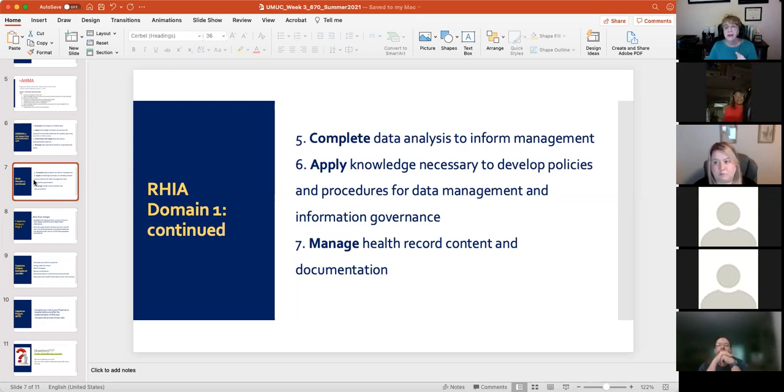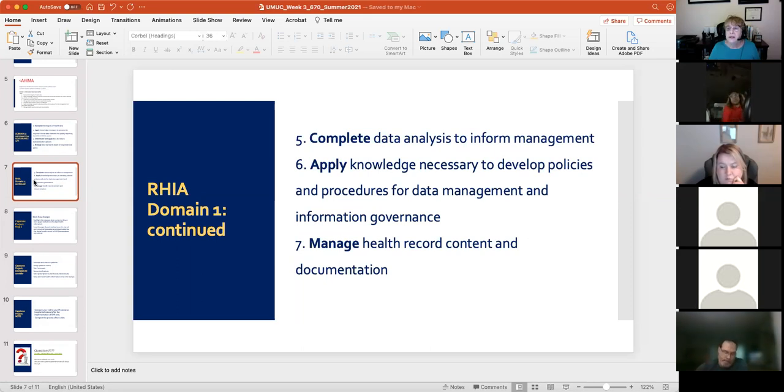Apply knowledge necessary to develop policies and procedures for data management and information governance. Okay, and looking at some of the discussion posts that we have this week on information governance, I'm going to reiterate that you must make certain you are using healthcare industry sources.